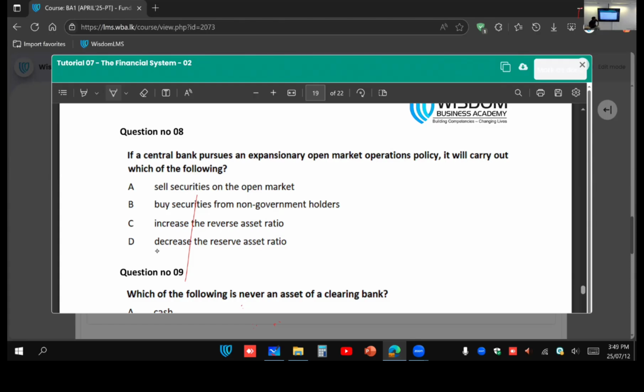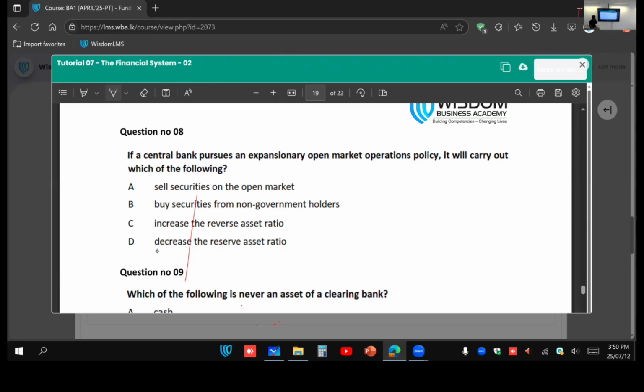Buying securities from non-government holders: money supply coming into the market or coming into the central bank? Imagine we have some investments, central bank giving money and taking our investments. Money flow happens to the market. Seems like the answer.